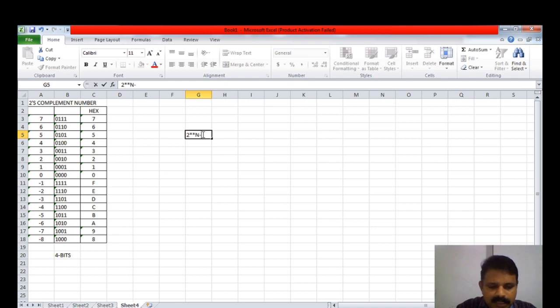In general, 2 raised to n minus 1, minus 1. And the negative number, in general, is minus 2 raised to n minus 1, where n is the number of bits.